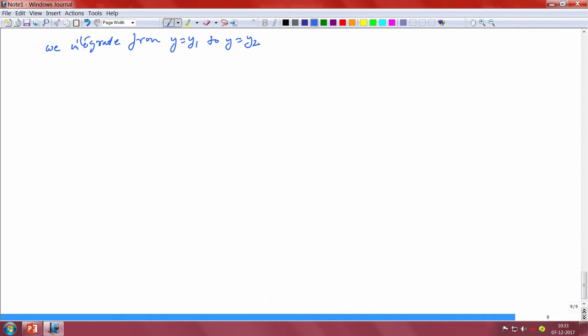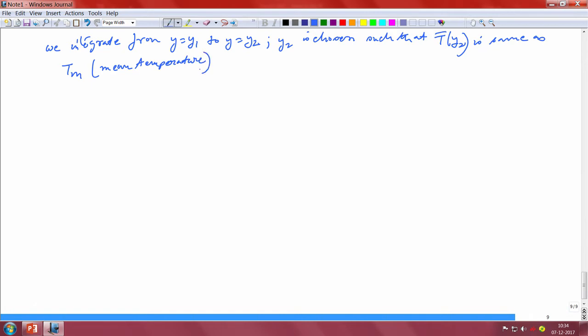So, the y2 is chosen such that T bar at y2, that means the average temperature at y2, is the same as the mean temperature, T mean, and U bar at y2 is approximately the same as the mean velocity u.